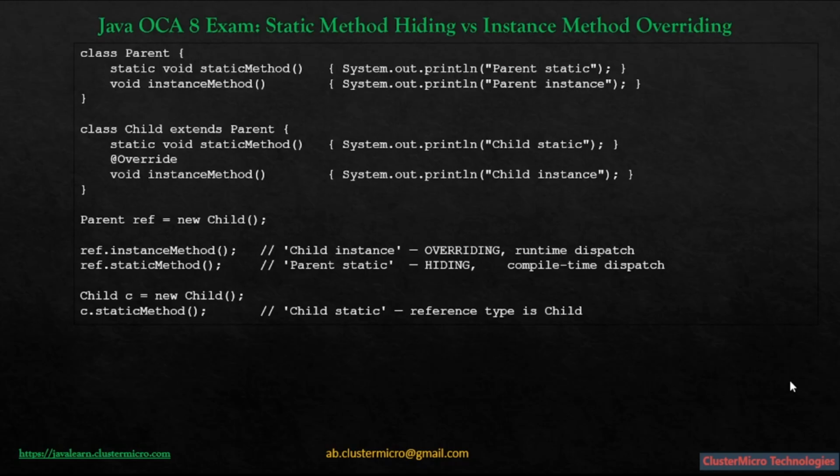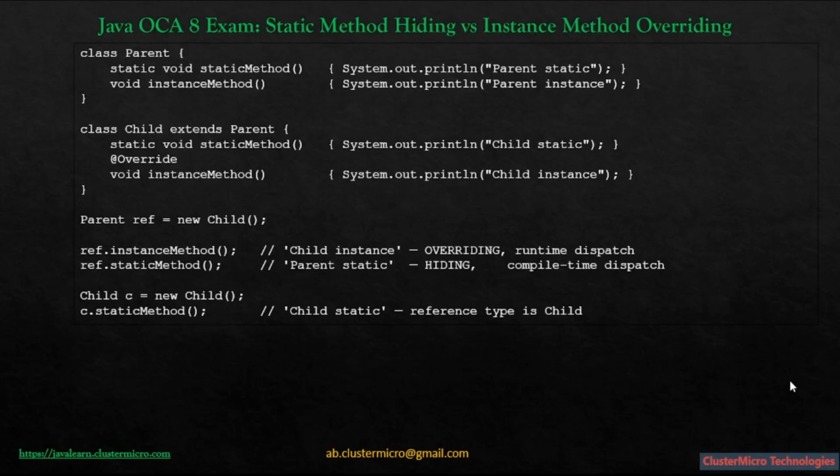Because static methods are resolved at compile time, they do not participate in dynamic dispatch. If you call a static method through a parent reference, even when the object is actually a child object, Java will execute the parent static method. In other words, the method that runs is determined by the type of the reference variable, not by the actual object type. Okay. So if we see the code, we have a parent class with two methods, a static method and an instance method.